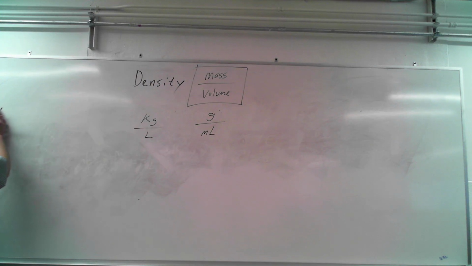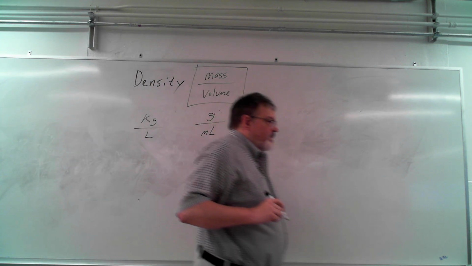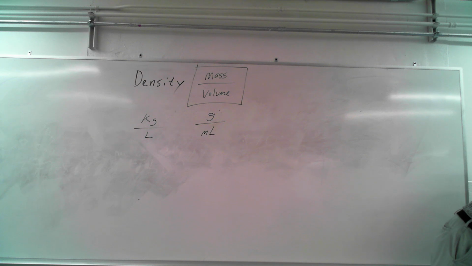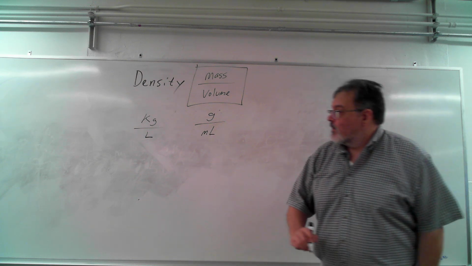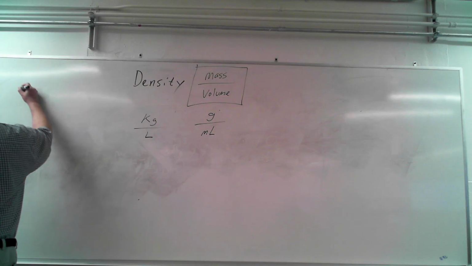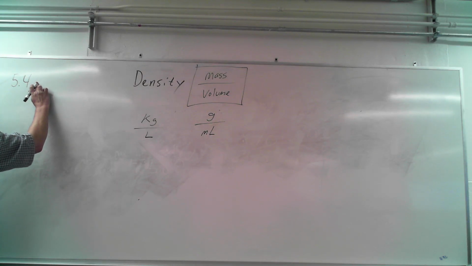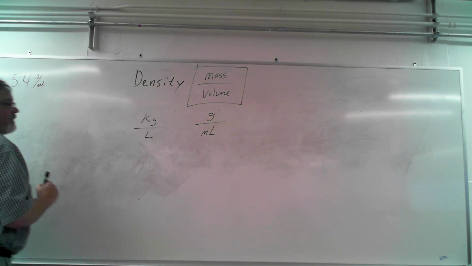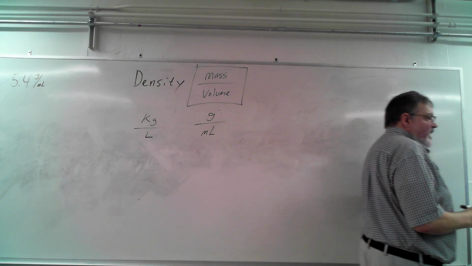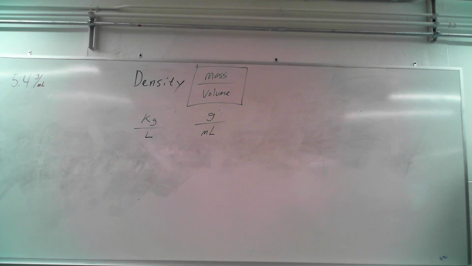Well, I'll use this as an example. The question I've got is 5.4 grams per milliliter. So that's a density. The substance has a density of 5.4 grams per milliliter.